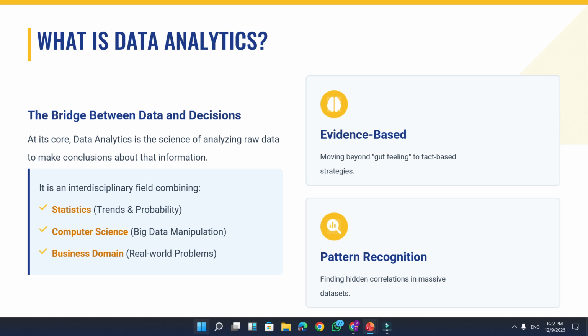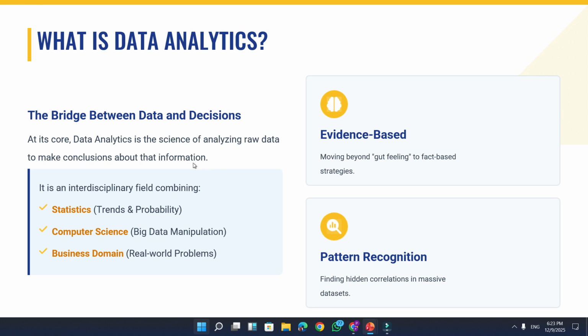These raw materials can be processed and analyzed. And when they are already processed, they are no longer data, they are called information. Because information can give actionable insights for better decision making and for problem solving. So data analytics is the bridge between data and decisions.